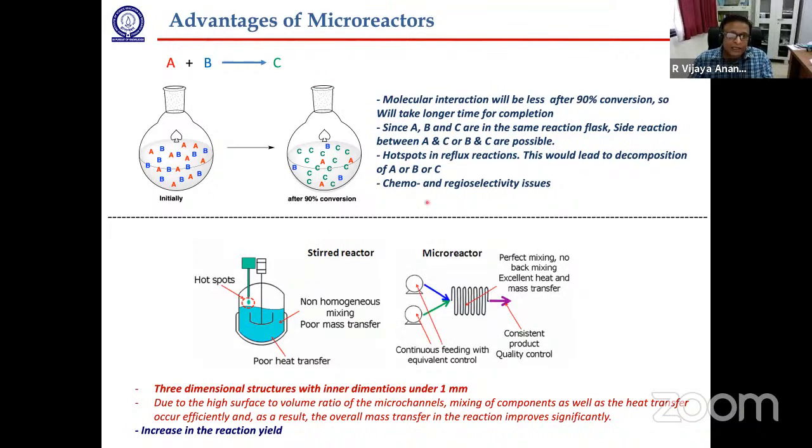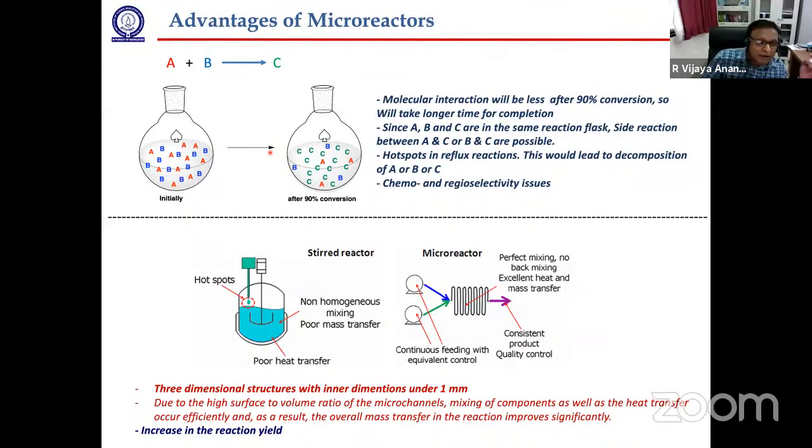Okay, and the last one is chemo and regioselectivity issues. For example, if one of the components, for example A, has two different functional groups, or maybe the same functional group, like one primary alcohol and one secondary alcohol. Suppose we want to acylate only the primary alcohol.